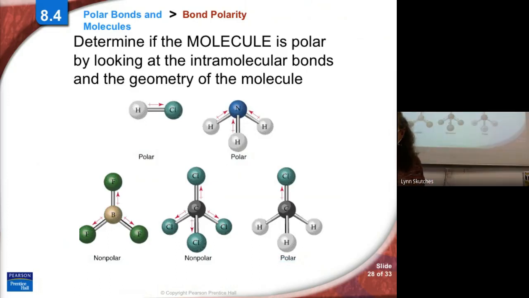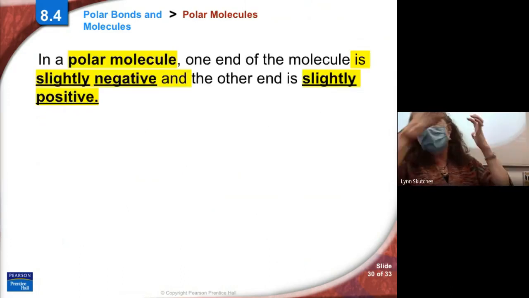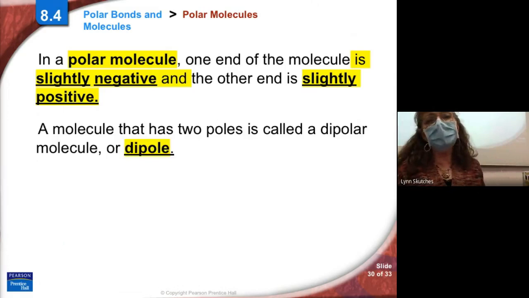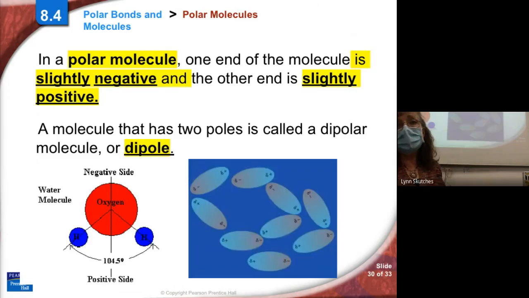Another crazy thing about polar molecules is they orient themselves in an electric field. So one end of the molecule, remember dipoles, 2 poles. One end's positive-ish and one end's negative-ish, even though they're neutral. That dipole then is going to attract the positive side of one to the negative side of another.